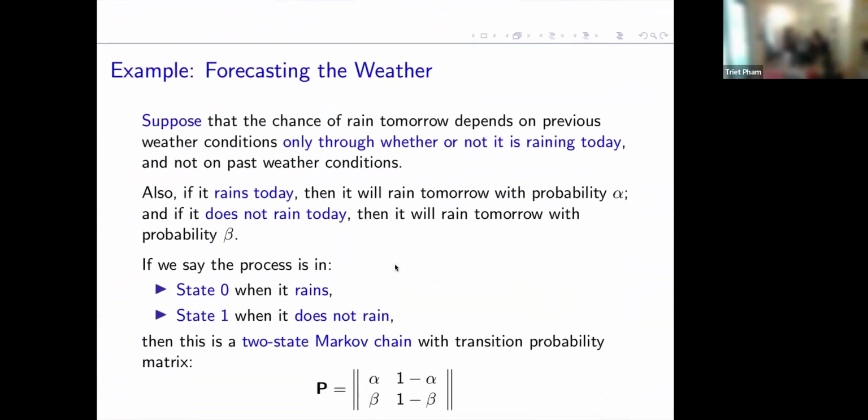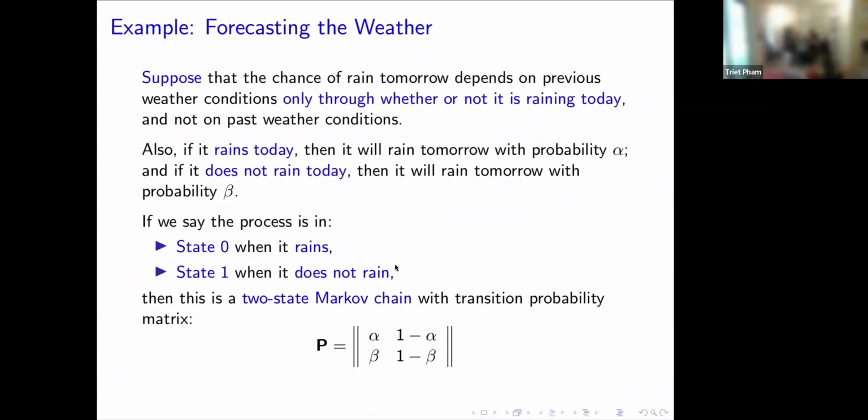So this is, let's say, example 101. People always give this example as a baby introduction to Markov chains. Whether it's going to rain or shine today depends on whether it was rain or shine the previous day, with alpha, beta, that kind of thing. And you write down the transition probability.